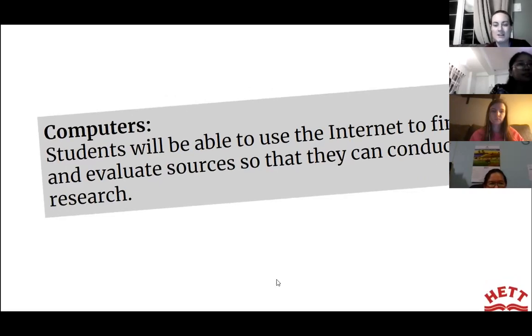Strong or weak? Students will be able to use the internet to find and evaluate sources so that they can conduct research.